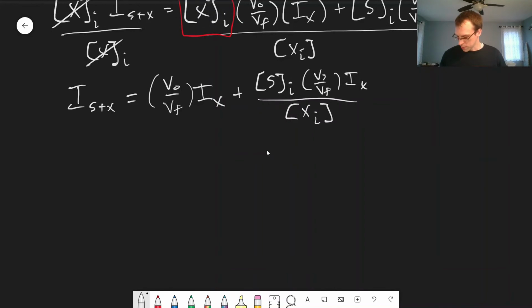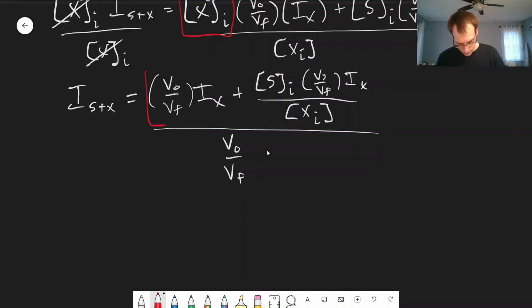Our next step is to simplify some of these volume terms. So let's now divide by v naught over Vf. The idea here is we want to cancel this v naught over Vf, and it will also partially simplify with this Vs over Vf.